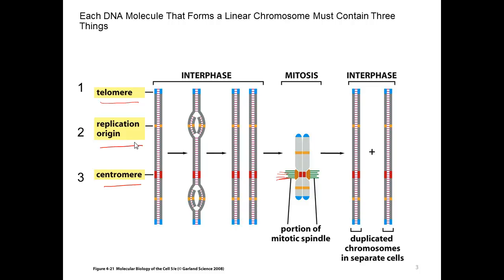Each chromosome has many replication origins. It's essential that there is at least one replication origin on either side of the centromere. As the name suggests, this is the place where DNA begins replicating itself. We'll discuss each of these pieces in further slides.